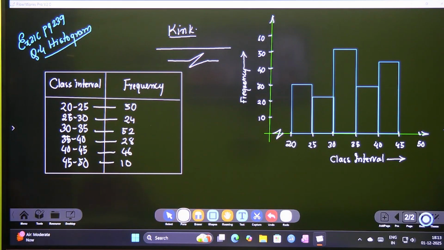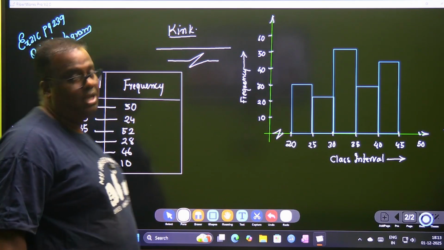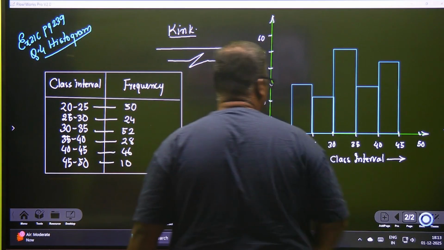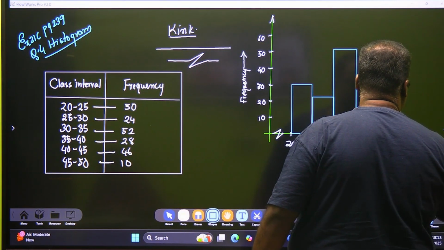Collapsed. ठीक है. अच्छा, लास्ट वाला कितना है बेटा? लास्ट वाला है 10. Last one is again 10.